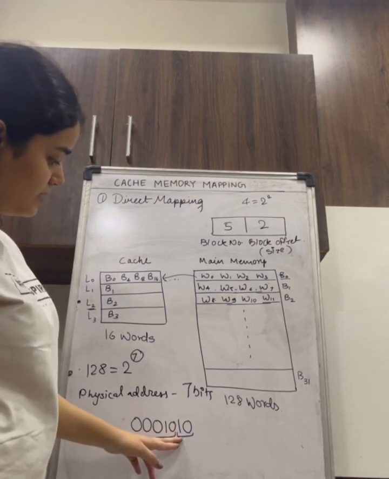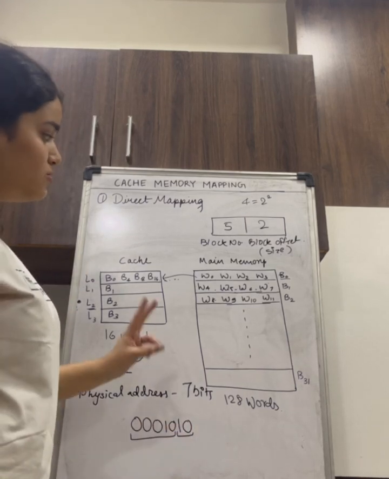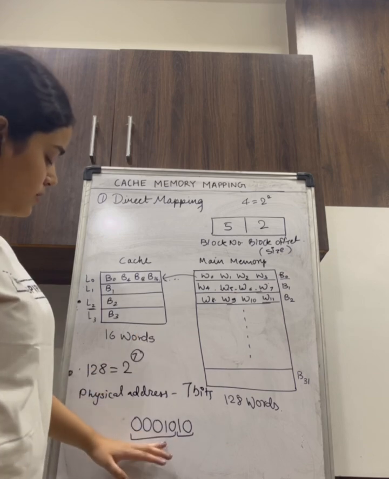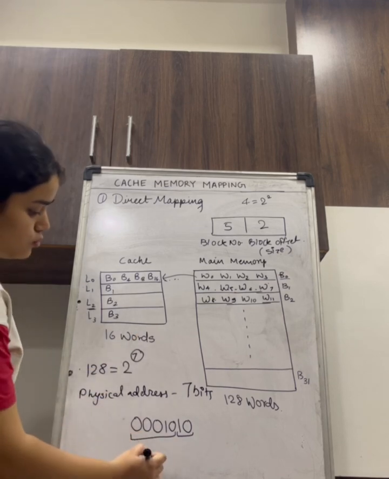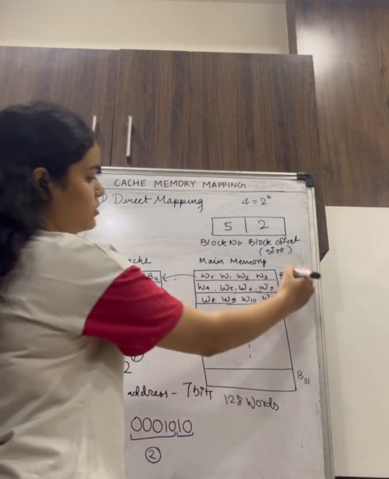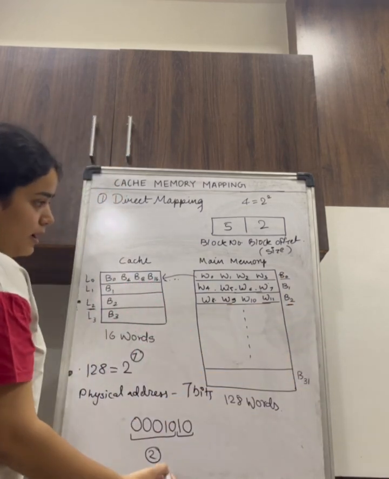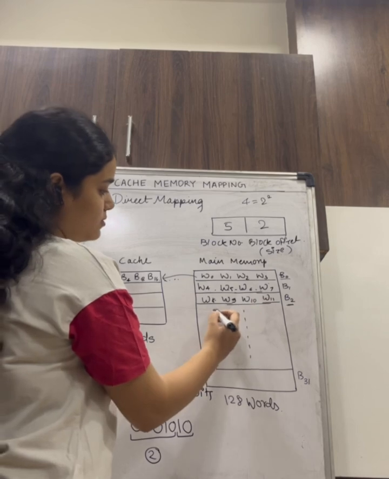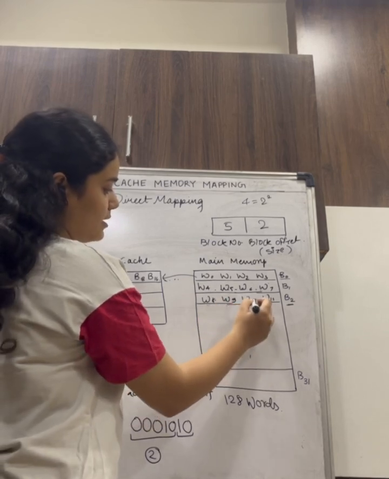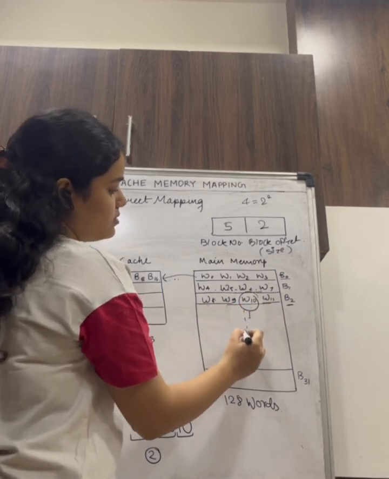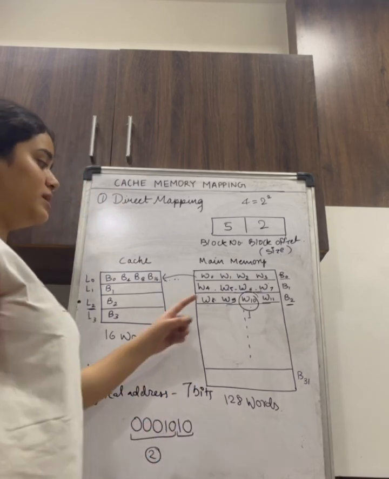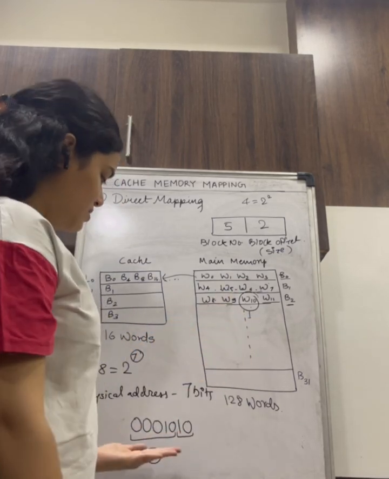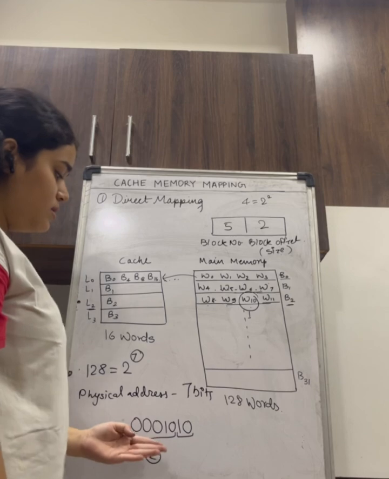So here the last 2 digits represent 10, which means 2, and the first 5 digits also represent 2. So block number 2, which is B2, and block offset 2. So this represents W10. Whatever data is present at W10 is represented by this physical address.